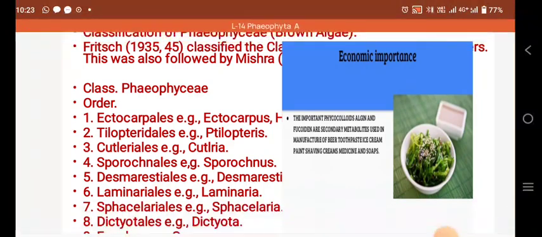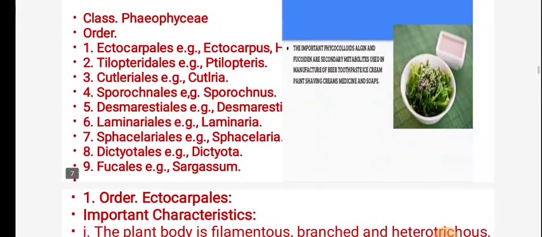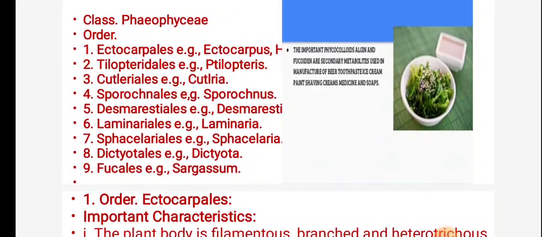So here you are observing some members: order Ectocarpales, genus Ectocarpus; Tilopteridales, Tilopteris; Cutleriales, Cutleria; Sporochnales, Sporochnus; Desmarestiales, Desmarestia; Laminariales, genus Laminaria; Sphacelariales, Sphacelaria; Dictyotales, Dictyota; Fucales, Sargassum and Fucus.